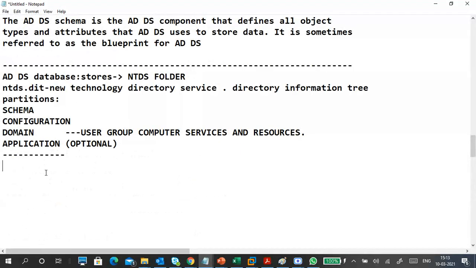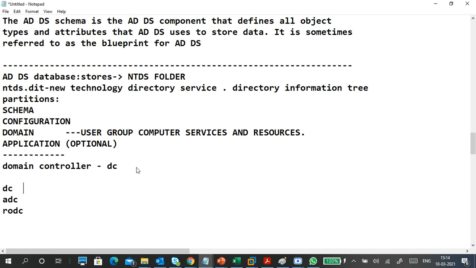So here I said domain controller. What is a domain controller? It is a DC.